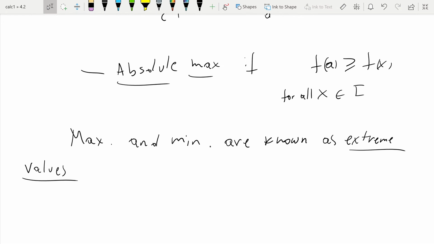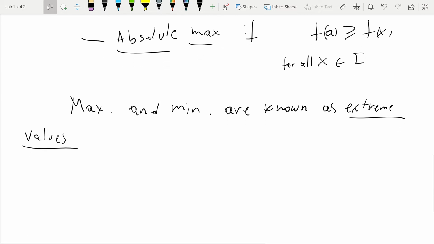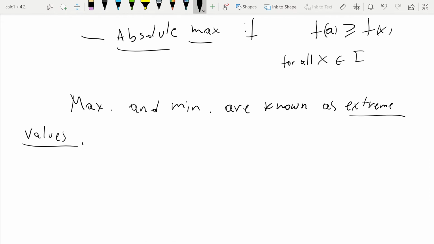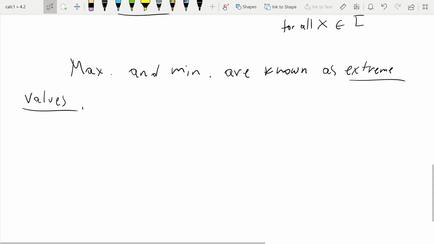If you look at the interval of all the values of f, then they are the endpoints. So this is as small as we go. F takes values between the minimum and the maximum. So these are extreme values. There's no mystery behind the name that we give to these kinds of points.